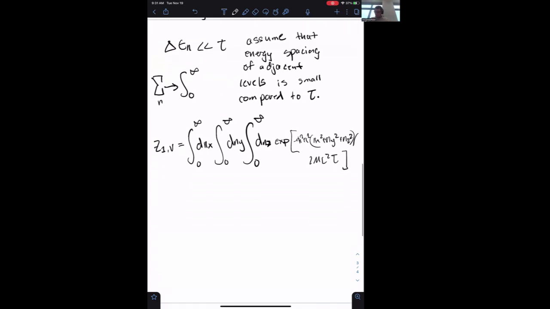Okay, now one thing I'm going to do is define a constant called alpha that's going to encapsulate all these other constants that we're not integrating over.